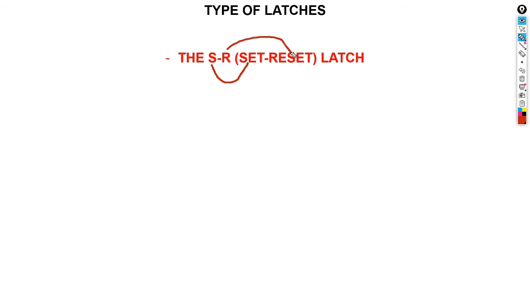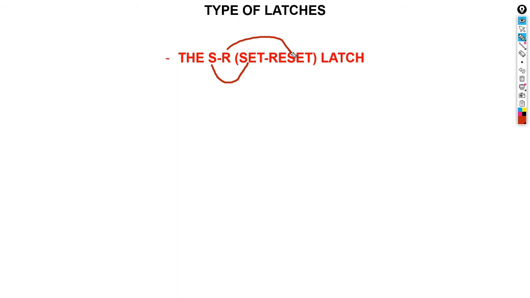What are the types of latches that we can keep in mind? We have 3 types. The first one is the SR. What we mean by SR is that S stands for set and R stands for reset. So this is the first type of latches that we have.